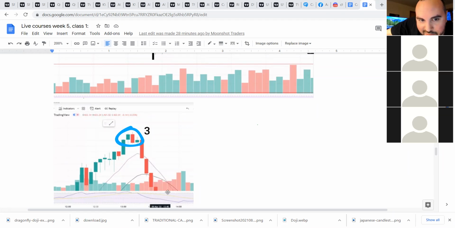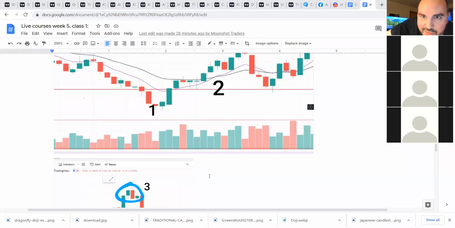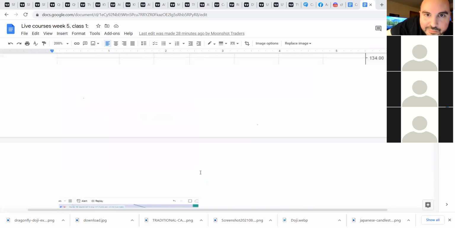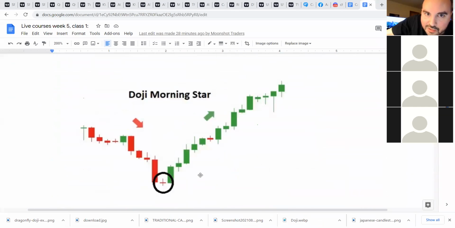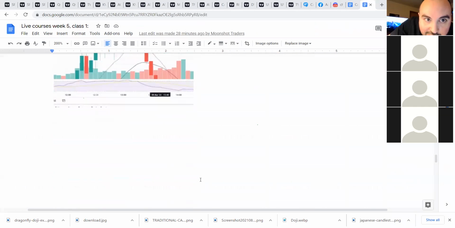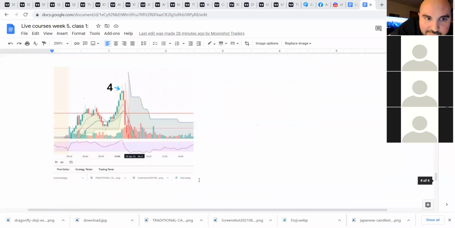And same thing over here. You can't see the candle, but let me see if there's a better one. I don't know if you guys can really see this.